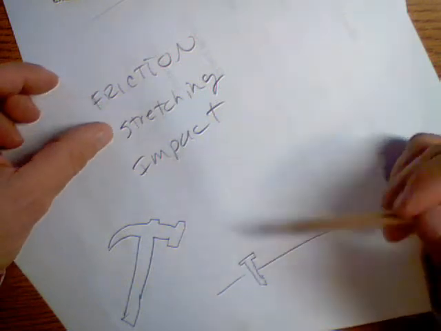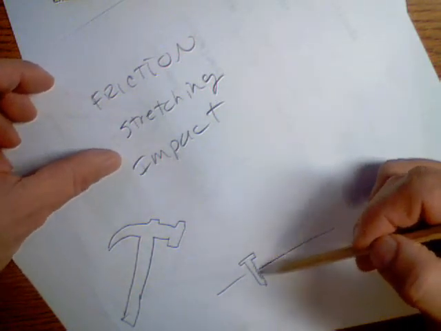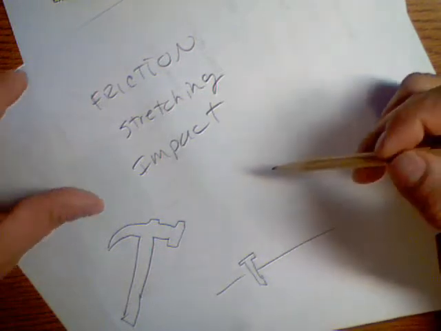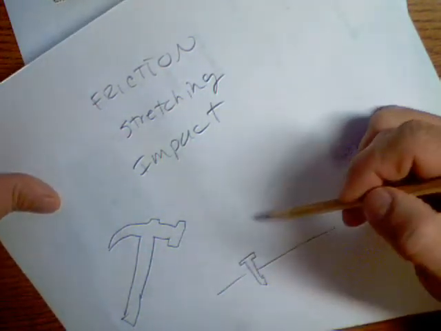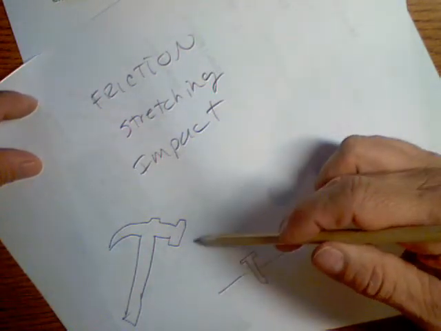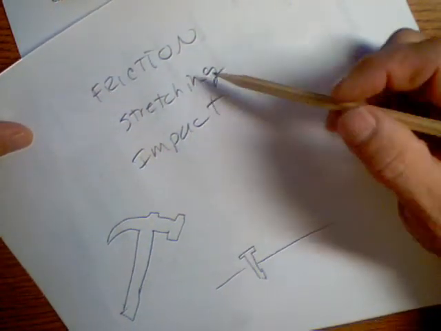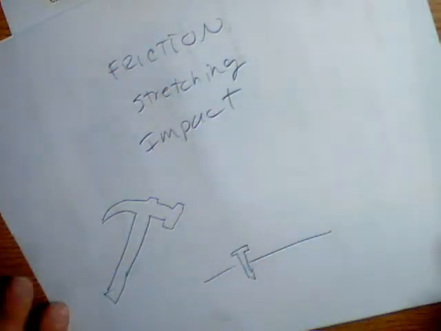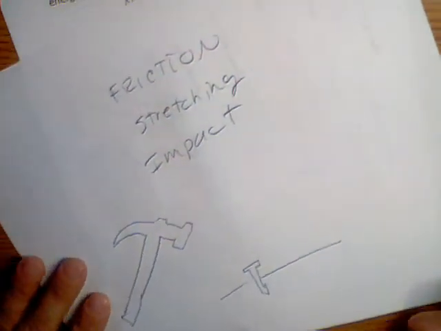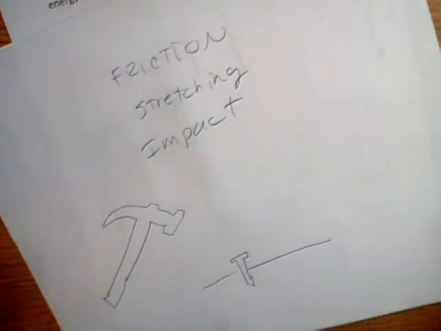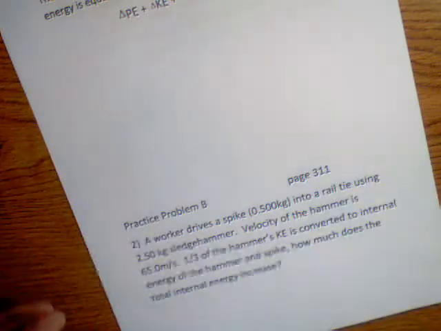We can also add energy by deforming it, by stretching it as a result of the impact. So I'm going to add to or take away energy in this system by making contact with it through friction, stretching, impact, etc. So there are some ways that we could add energy to a system other than using fire, which is, of course, the most obvious way.